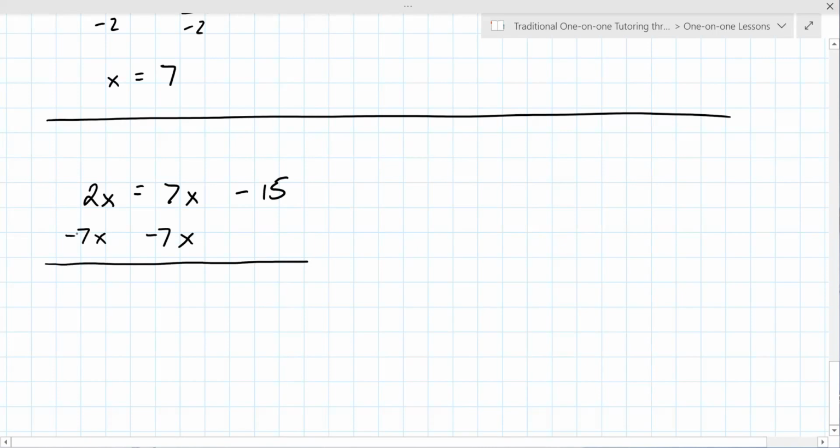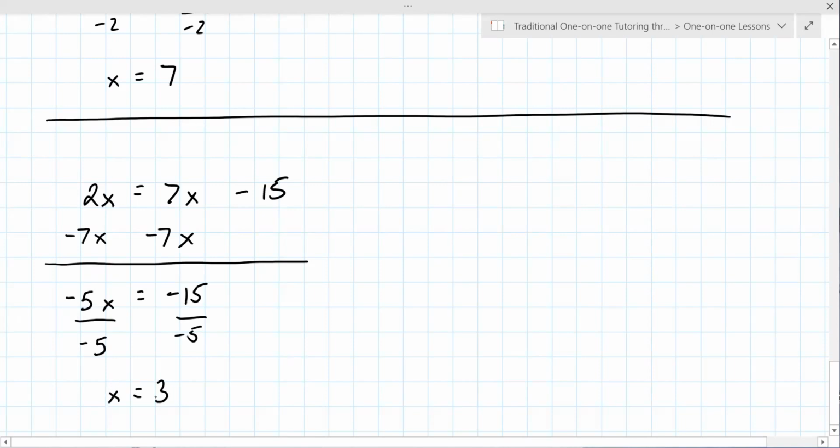What is 2x minus 7x? Negative 5x. Yeah. Okay, and that negative is important. It could be the difference between left or right, up or down. Okay, and then what do you divide both sides by now? I hear you wanting to say the final answer. Yes.